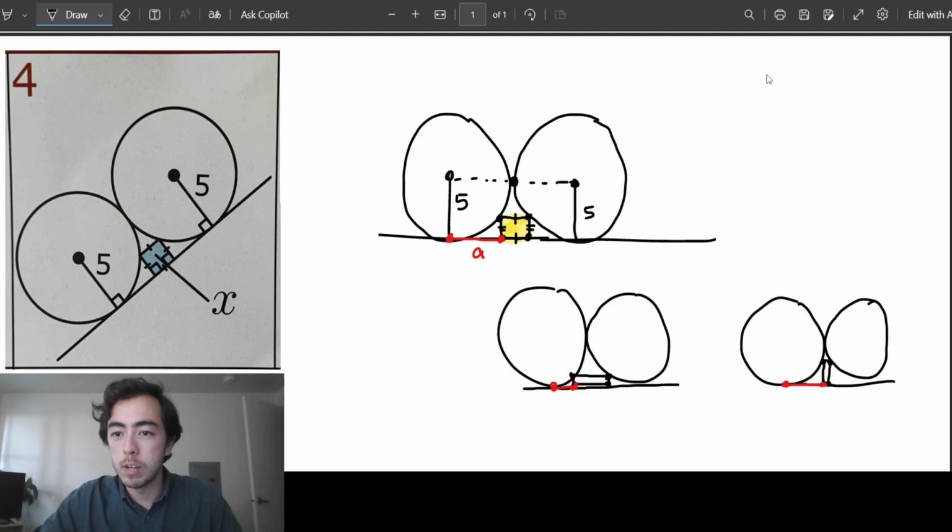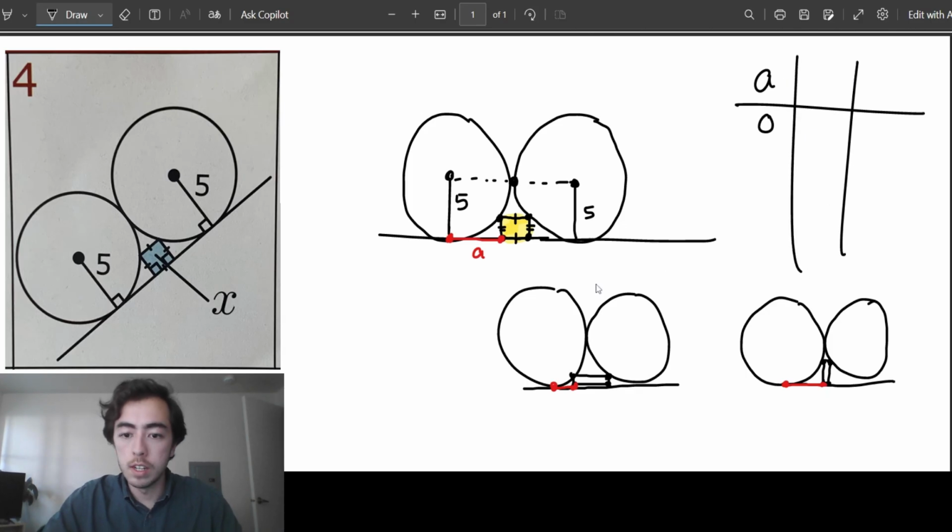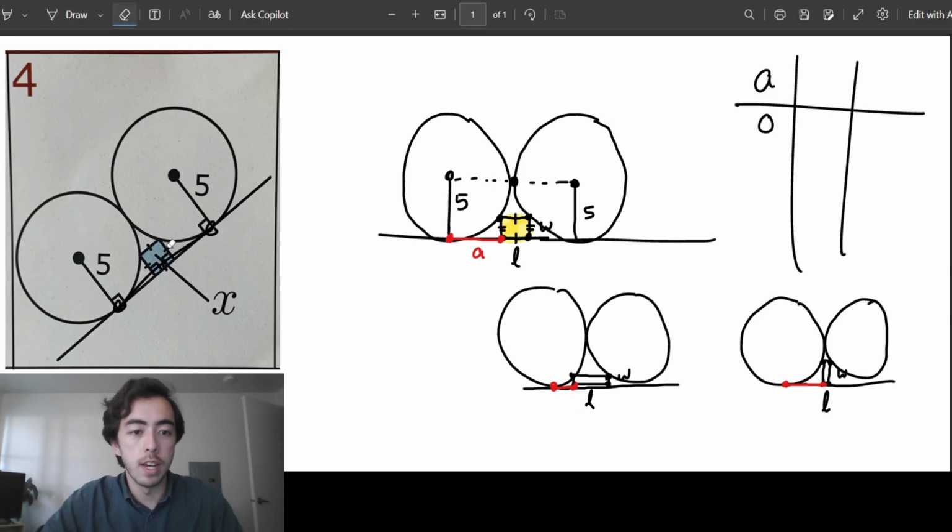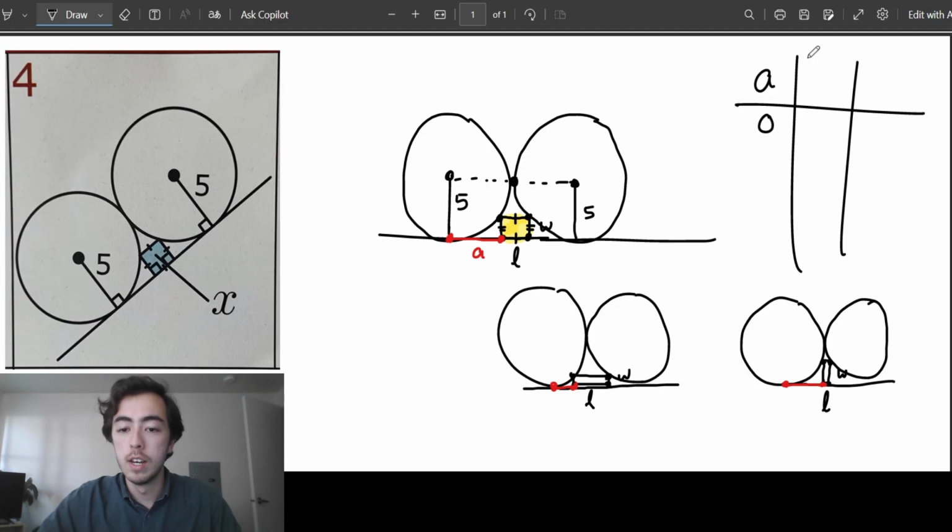If my new variable A is equal to 0, then I'll do length and width for my square or rectangle. When A is 0, the length is going to be all the way from here to here, a length of 10. It's both radii added to each other. So the length could be 10, and the width is obviously 0.